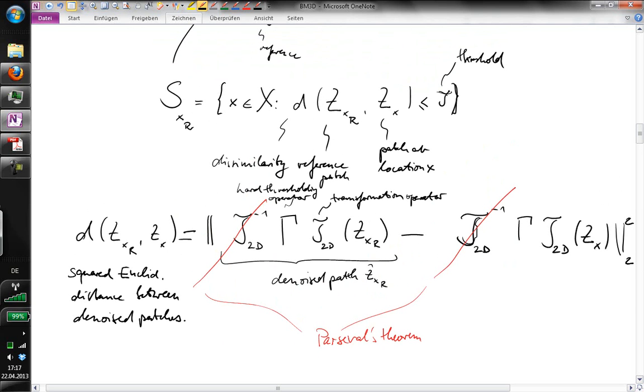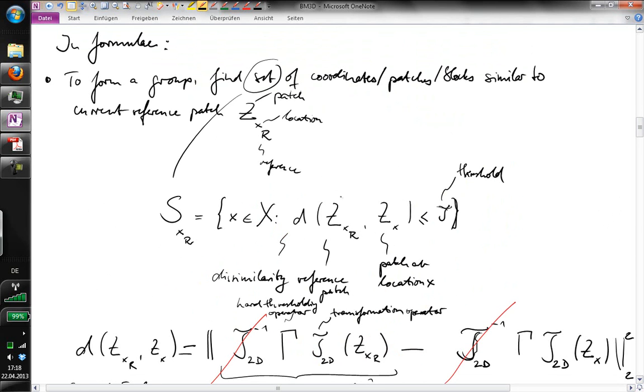And I have not talked about the groups yet. The groups are coming in a moment. So ZXR, this thing here, is the patch around the reference location XR.